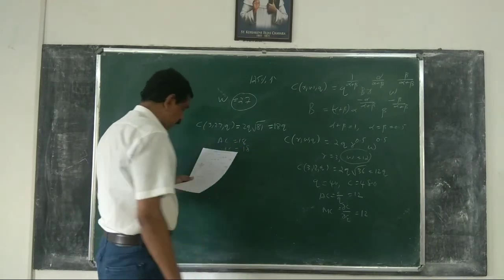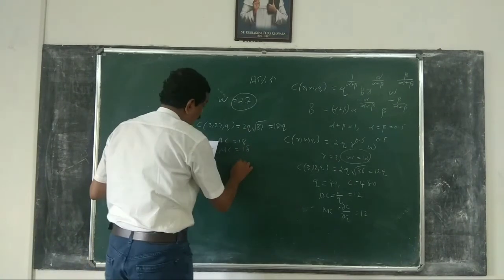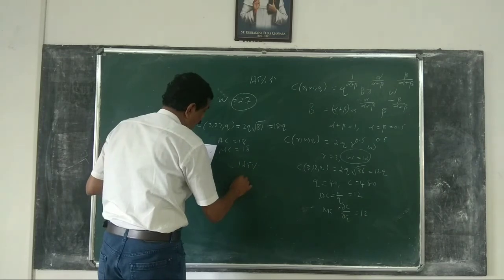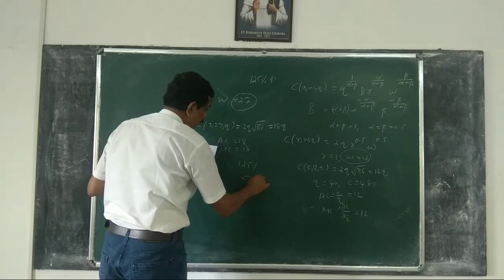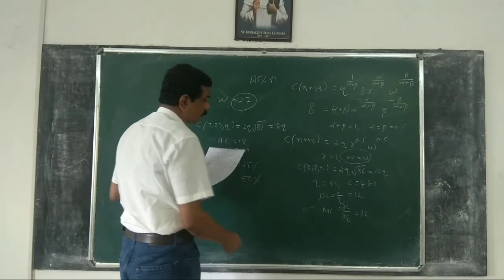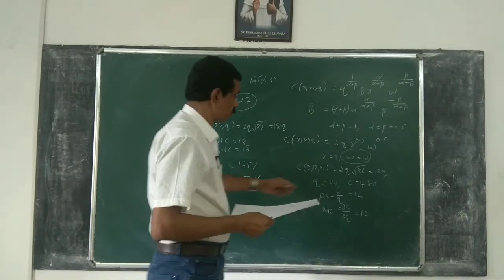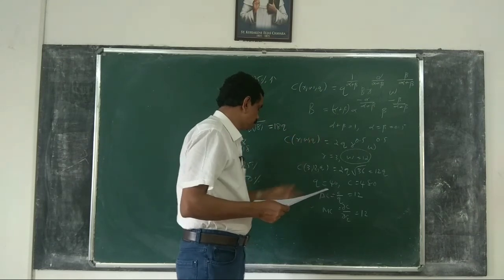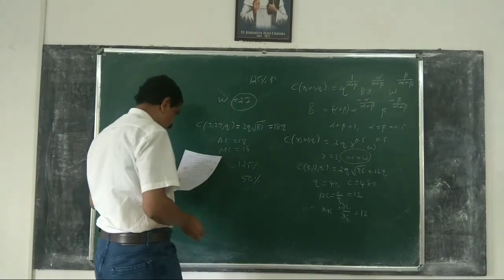An increase in W by 125% raises cost by 50%. 12Q becomes 18Q, a 50% rise in cost.